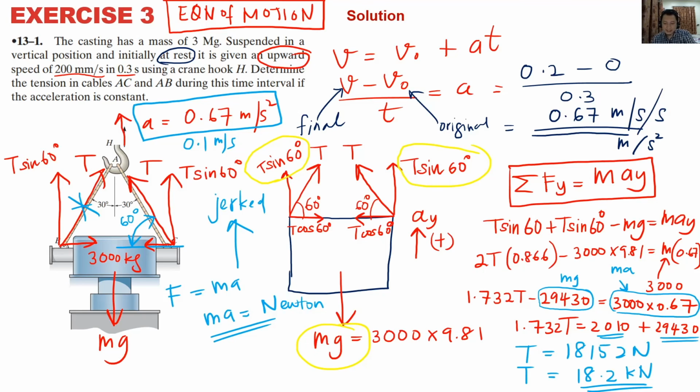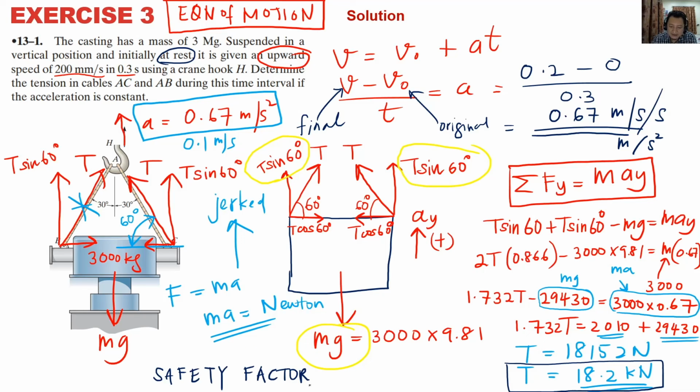So let's say this is your design. Let's say you design something like this to move at this much. So as an engineer, you cannot just immediately tell them to run at that. This cable can withstand 18.2 kilonewton, so you have to apply something called a safety factor.